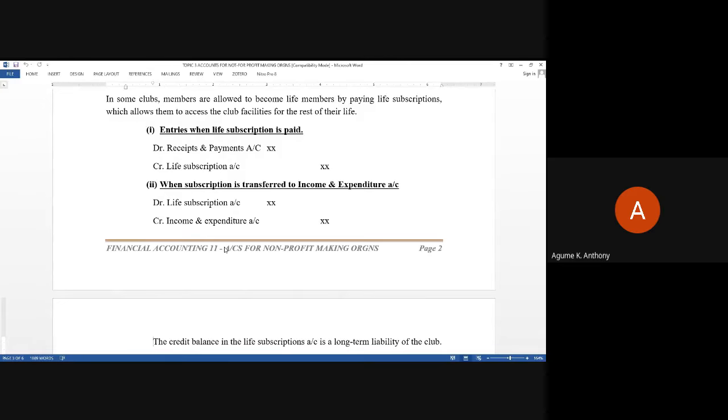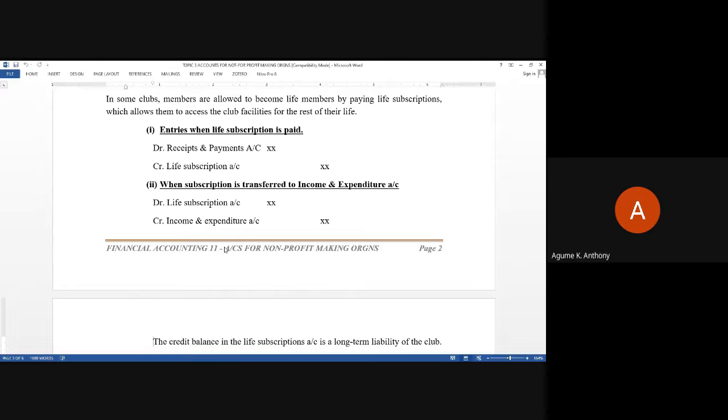I say maybe if I am 45, maybe you can make an estimate that if I've paid for life subscription, maybe I'm going to live for some other 35 years, so that whatever I've paid can be recognized over that period.